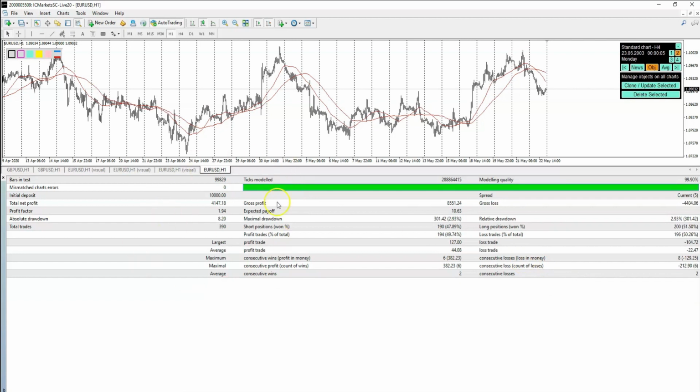Now, without looking at how much money you've made and all the rest of it, let's look at your consecutive losses first, because risk is probably the most important thing to me when I'm trading. So consecutive losses, we can see here we have eight losses in a row, and we've seen minus 212 for consecutive loss counts.